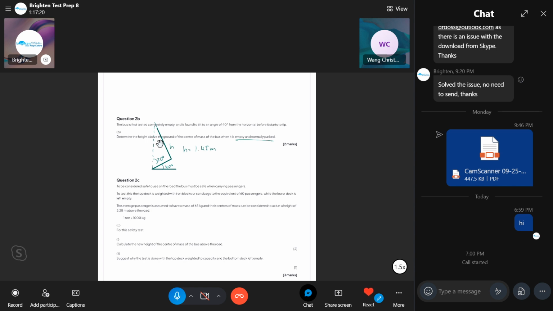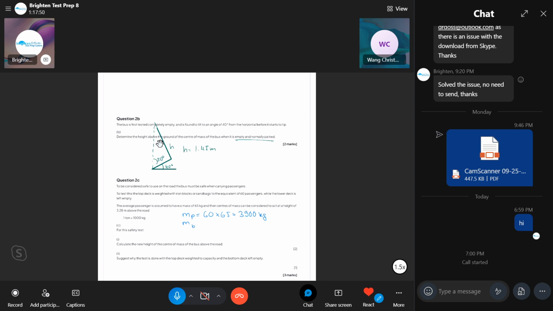And we take 60 passengers, and we have 65 kilograms. So what is the mass of the passengers? 60 times 65. All right. Okay. So we got 3,900 kilograms.